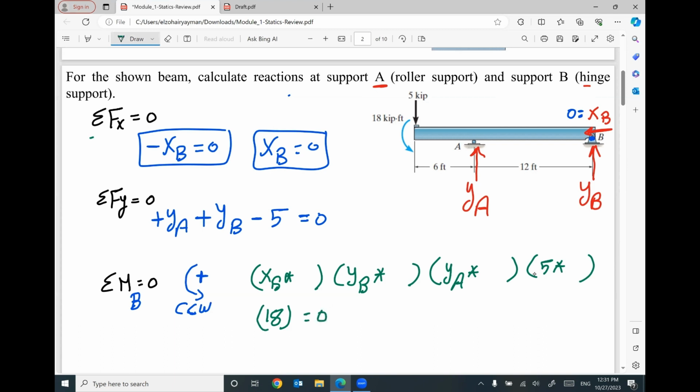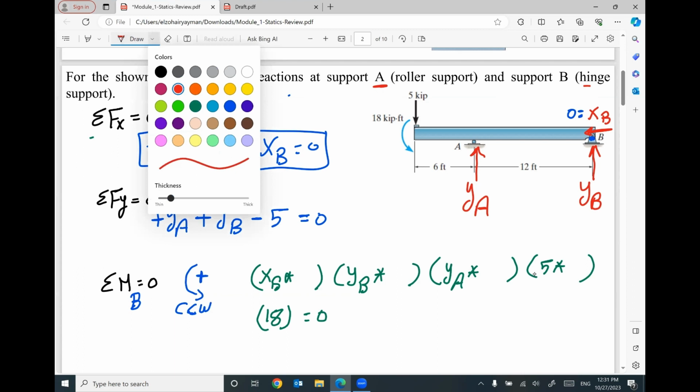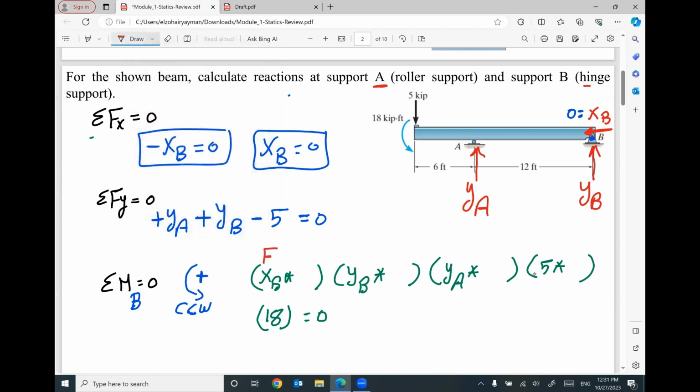Keep in your mind, XB is a force. Still need distance to create a moment. YB is a force. Will need distance to create a moment. YA is a force. Need distance. 5 kip is a force. Need distance to create a moment. 18 kip-foot, this load is a moment.